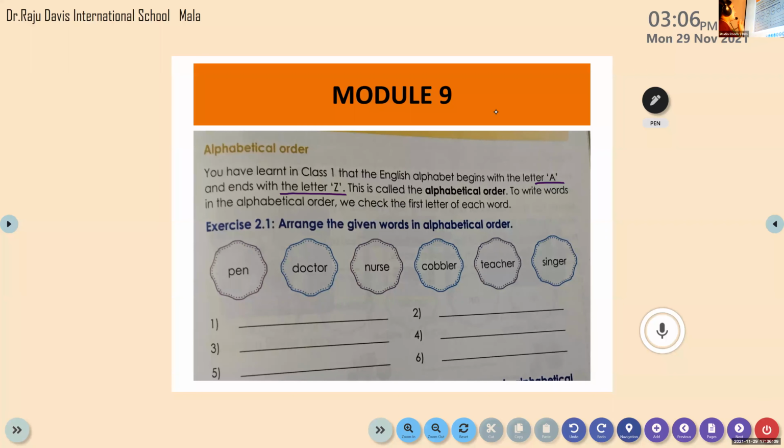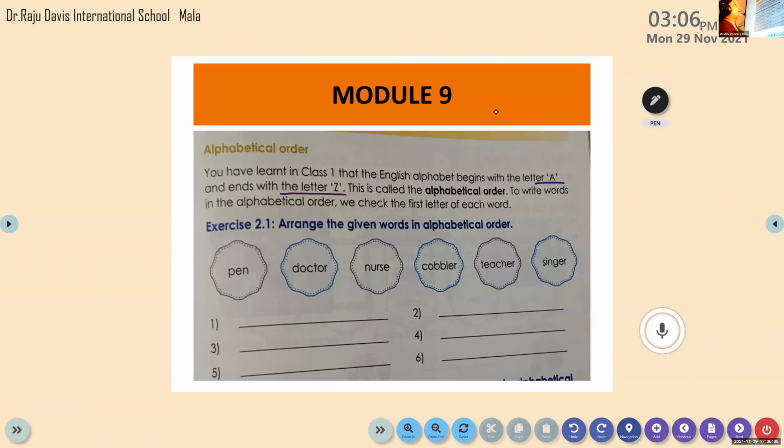A is a letter, B is a letter, C is a letter, and so on. The last letter of the English alphabet is Z.